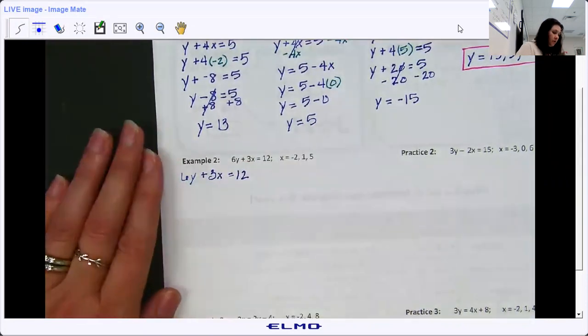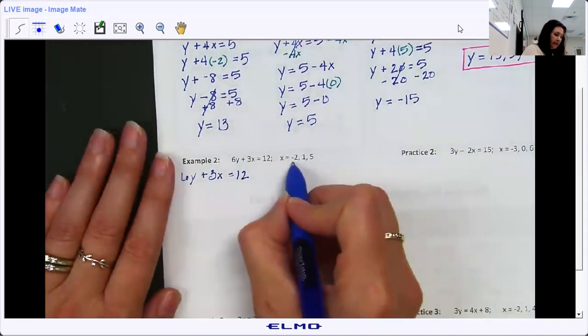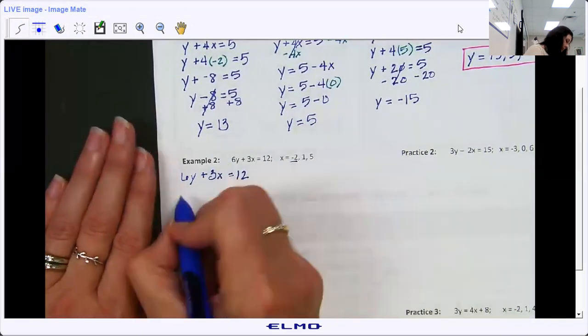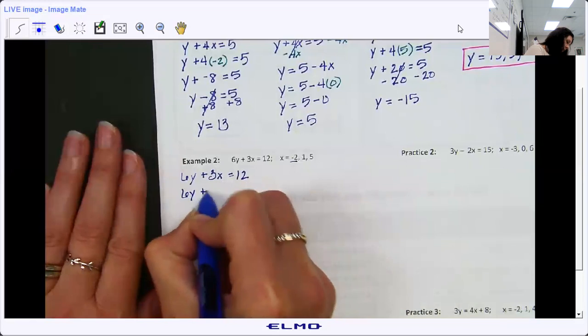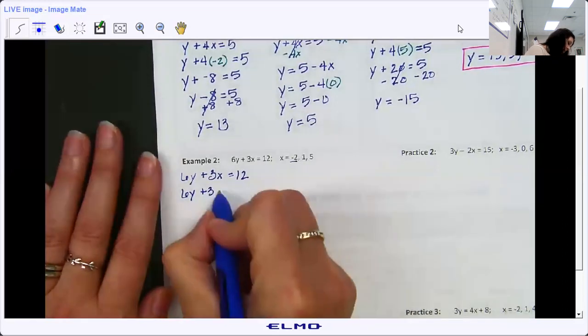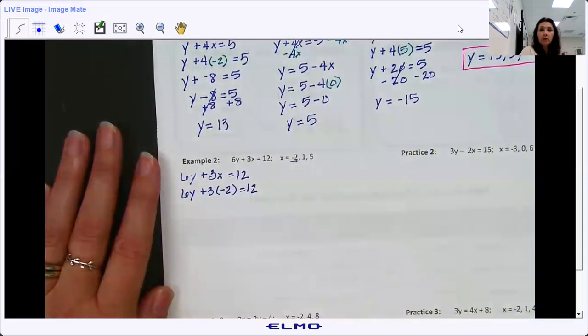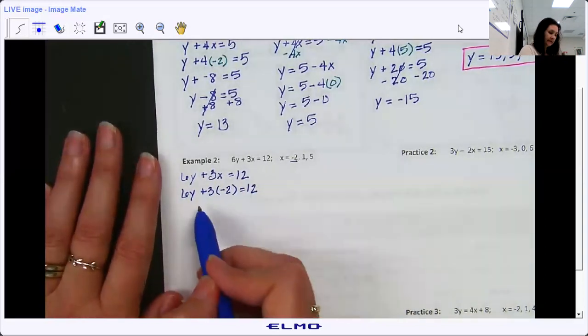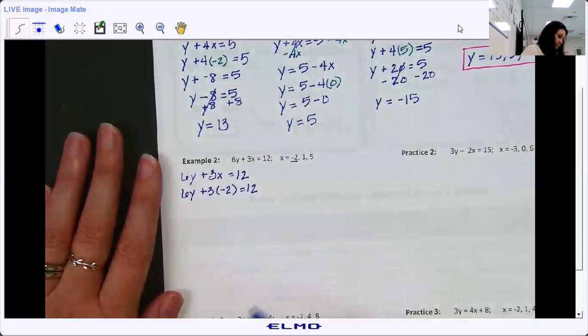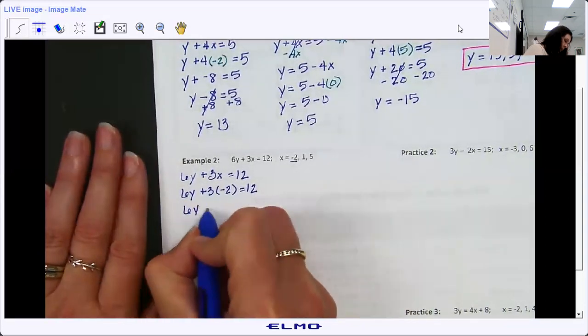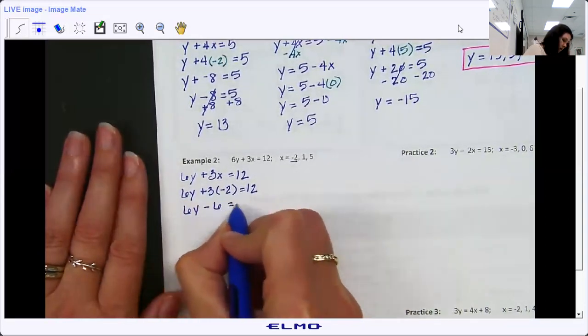Okay. So the first thing I'm going to do is plug in negative 2 where the x is. So I have 6y plus 3 times negative 2 equals 12. And my goal is to figure out what y is when x is negative 2. 6y minus 6 equals 12.